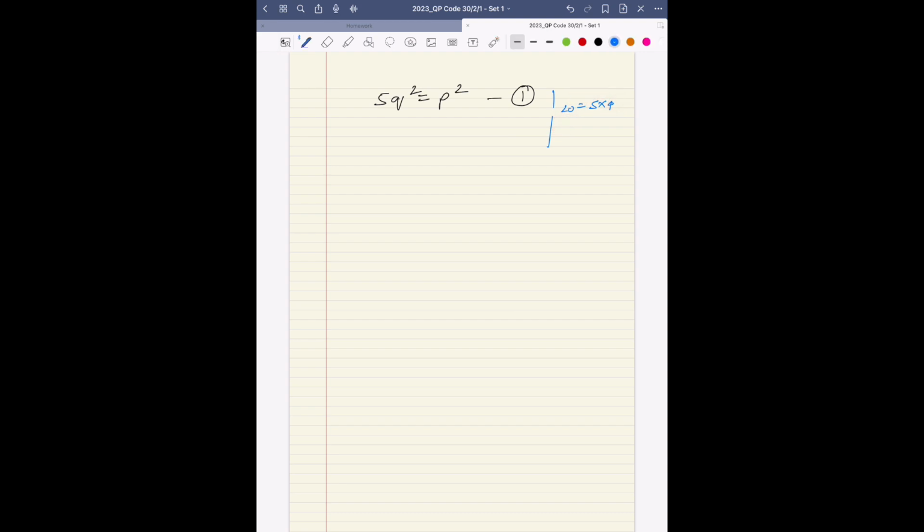So we can say that 5 is a factor of P square. Okay. Now, important point. Hence, 5 is also a factor of P.